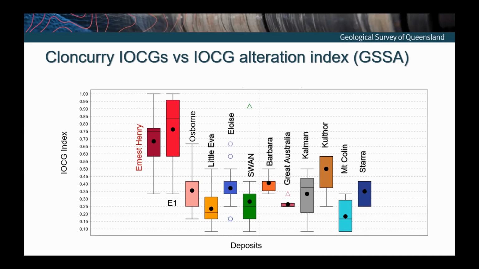If we draw a line at 0.5, something like a 50-50 chance of being like Gawler Craton IOCGs, just two deposits in the entire Cloncurry district would make the cut, which is Ernest Henry and E1. Everything else would make pretty sad Gawler Craton style IOCGs, clearly indicating that there are different geochemical signatures, and the vast majority of IOCGs in the Cloncurry district are anything but like Olympic Dam.